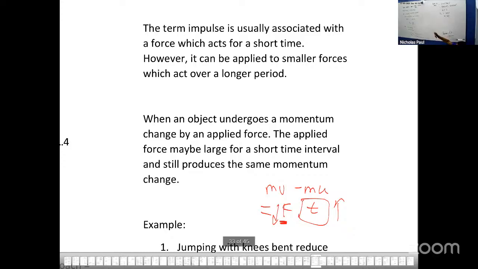Could you explain how an airbag helps in a collision? It increases the time. Yes.